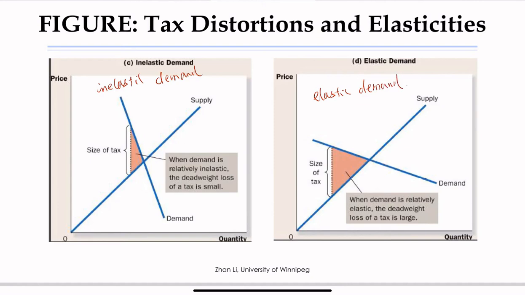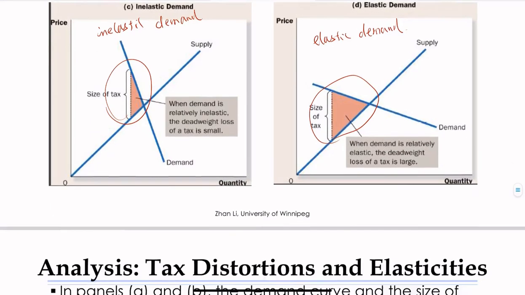And now we compare the deadweight losses under these two scenarios. So you can see that the deadweight loss in graph D is larger, and graph D has more elastic demand. So the result here is if demand is more elastic, then the deadweight loss from a tax is larger.